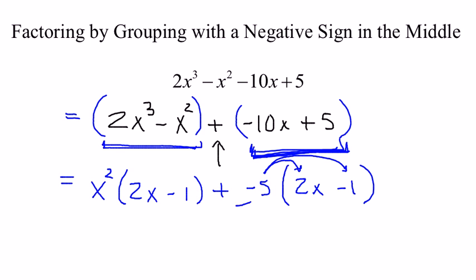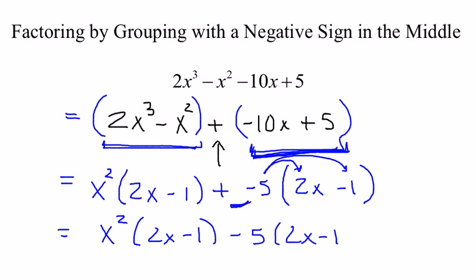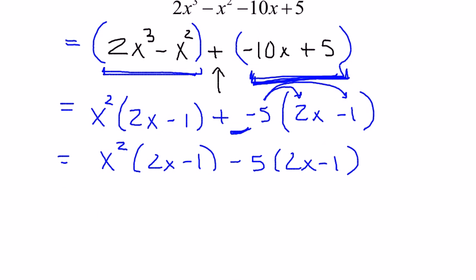So with this whole idea of plus minus, we're just going to change that to a negative. So we have x squared times 2x minus 1 minus 5 times 2x minus 1. Now, what we need to do here is notice that that 2x minus 1 is actually the greatest common factor.